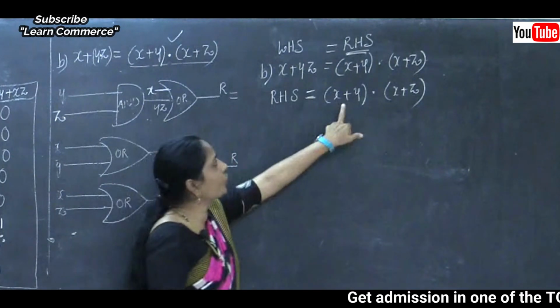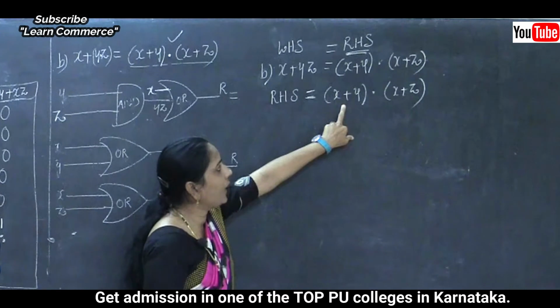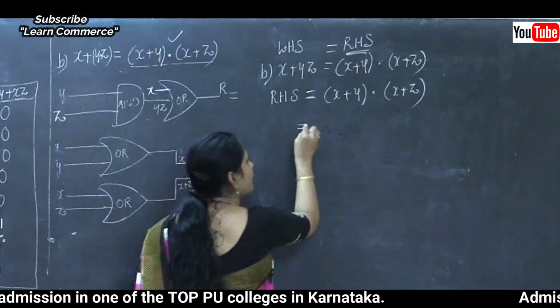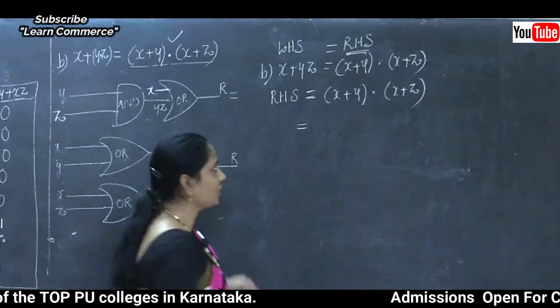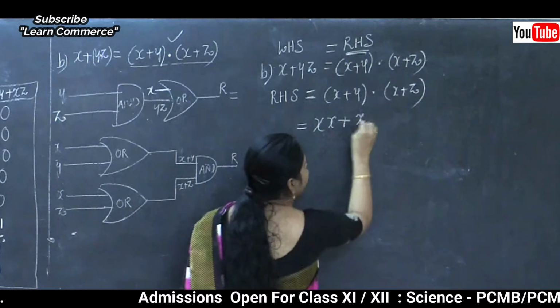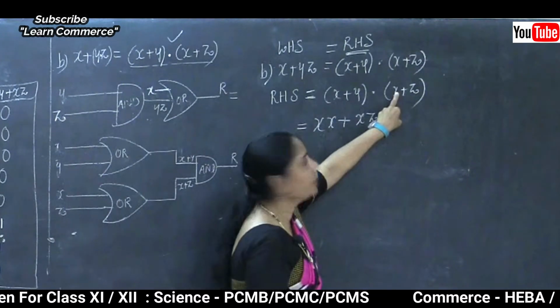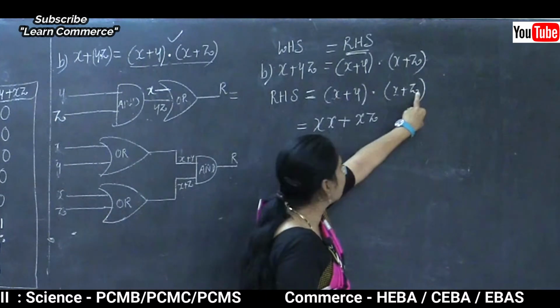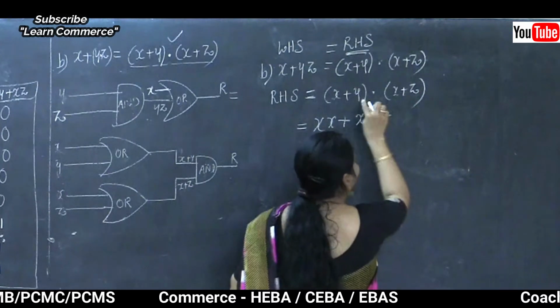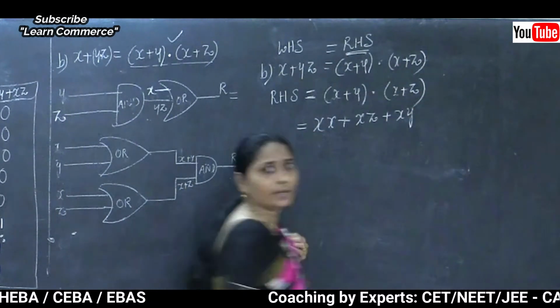So I am going to take the right hand side value: x plus y and x plus z. First of all I am going to do the multiplication: x and x, plus xz, plus yz, yx, but I am going to take it as xy. Clear this point here.